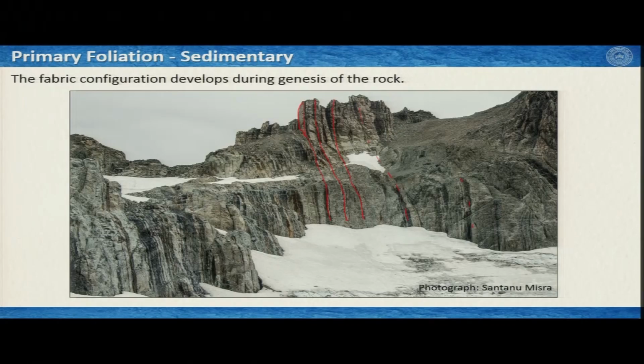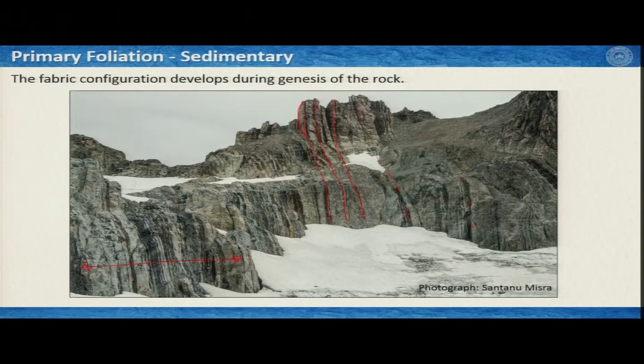sedimentary primary foliation. Now, at this stage I would like to very briefly guide you on how to identify these primary foliations in the field. First of all, you see that across the foliation you have different colors. The foliations are defined by different colors and therefore different compositions.